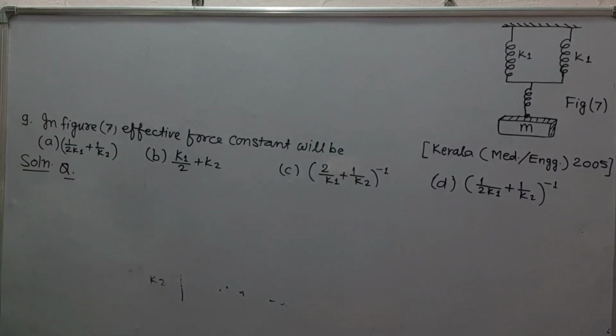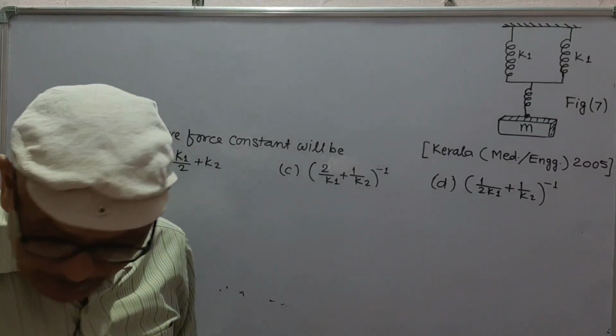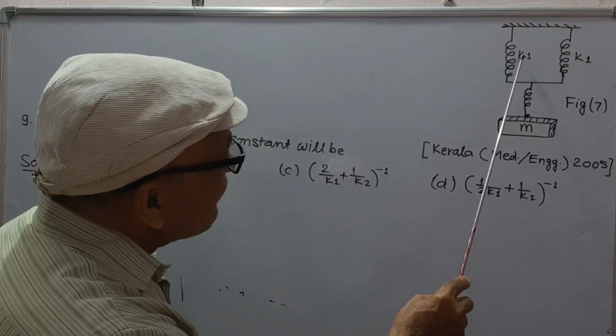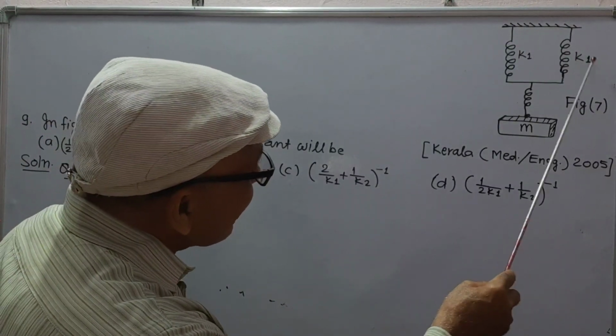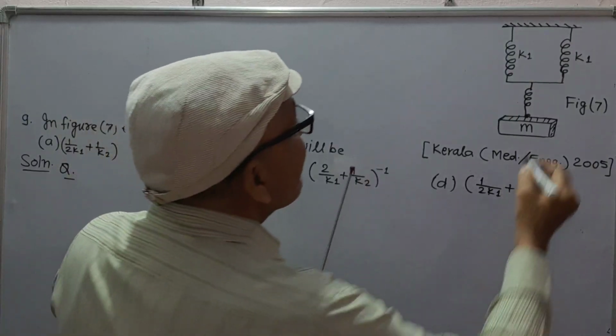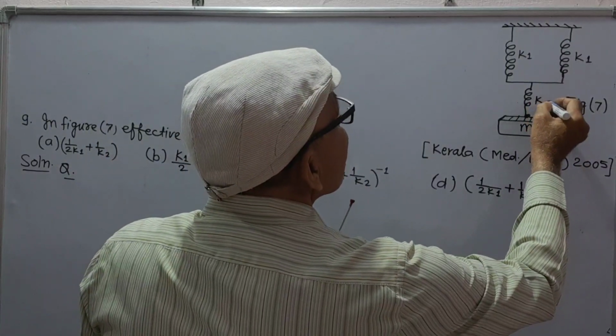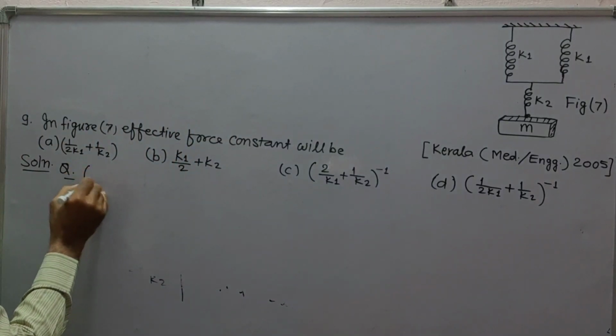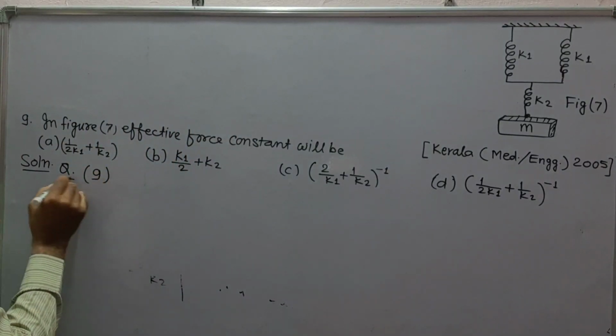Next question number 9. The question is, in figure 7 effective force constant will be. Here, force constant of two parallel springs is K1 and the force constant of third spring is K2. So, solution to question 9.